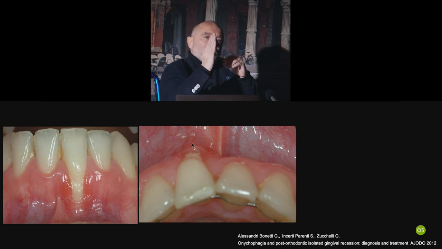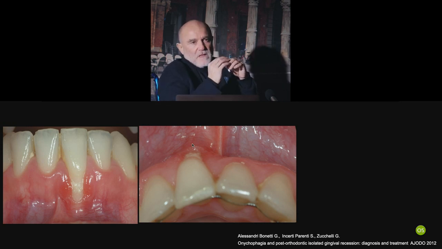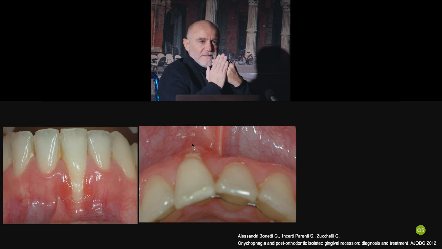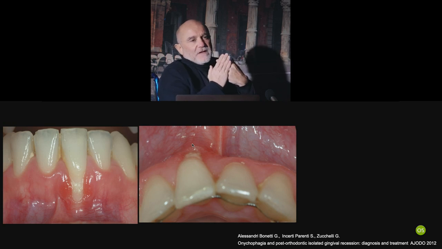So it's like a torque movement of the tooth around the lingual wire that acts as a rotation fulcrum around which the tooth can rotate.